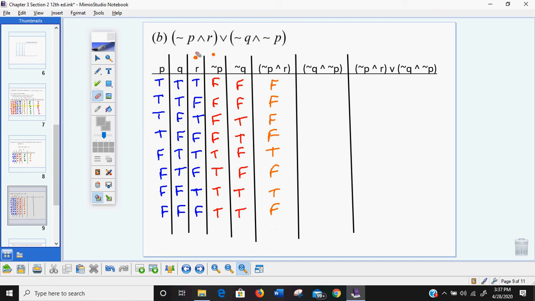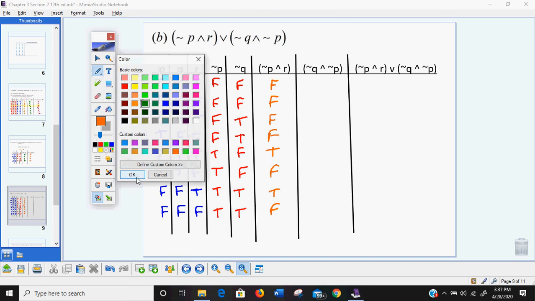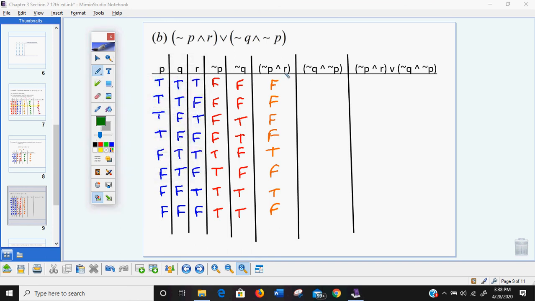Okay, let me erase that, and let's do one in green. So this one I'm doing not Q and not P. Okay, so those two columns that I have in green, it's and, so they both have to be true. So the first one I have two falses, that's false.